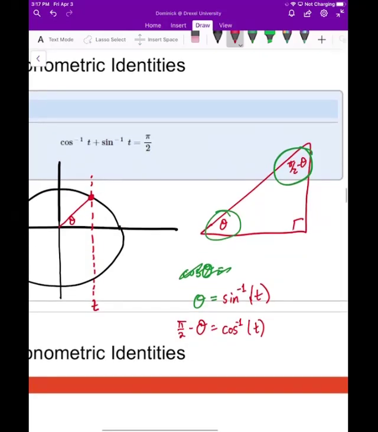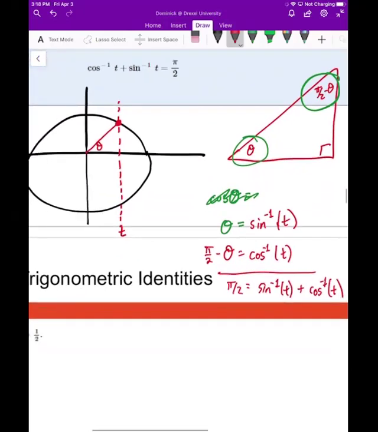And of course, if you add these together, you're going to end up with pi over 2 is equal to inverse sine of t plus inverse cosine of t, which is exactly the identity that we have, right?